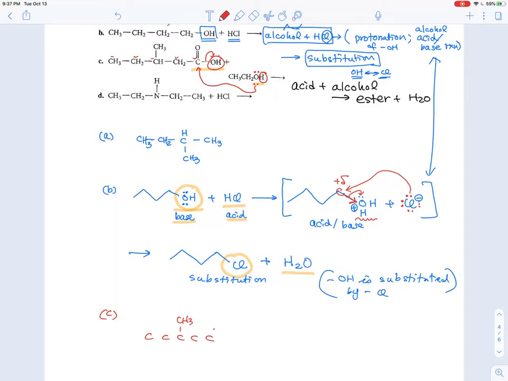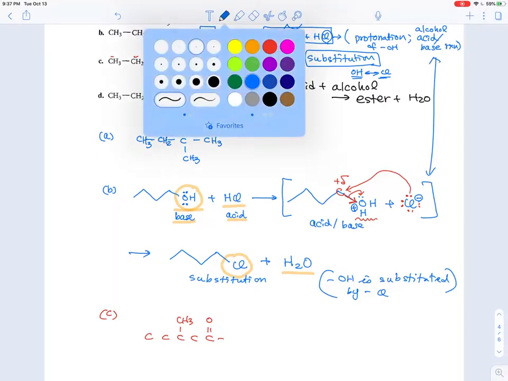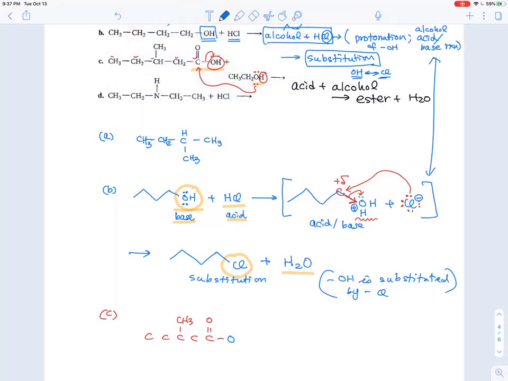And then this one is a CO, double bond. And then we choose a different color. Right? O with CH2CH3. Right? And then you have H2O, water.